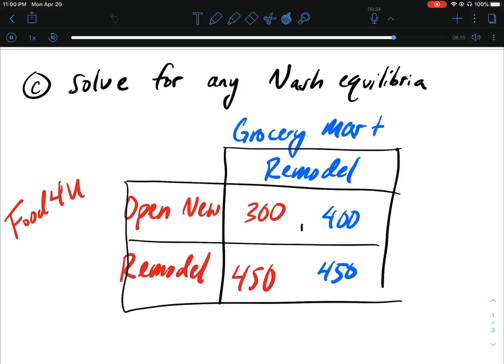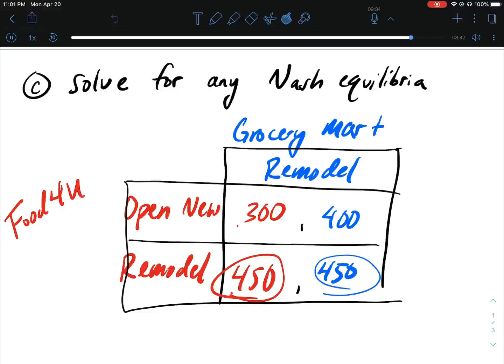So let's take the perspective of Food for You to start. Food for You is choosing between open new and remodel. They know that Grocery Mart will always remodel, so they're choosing between 300 and 450. And so we know that 450 is the highest payoff, so we'll choose that.